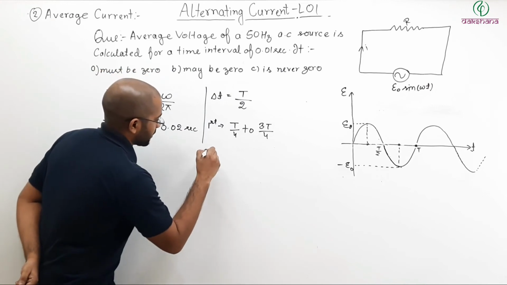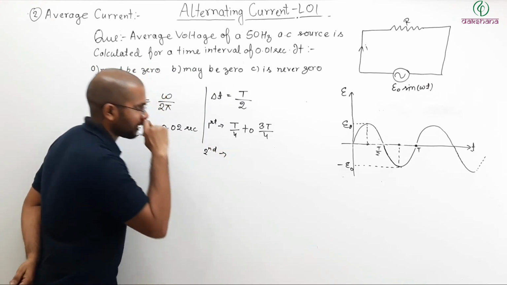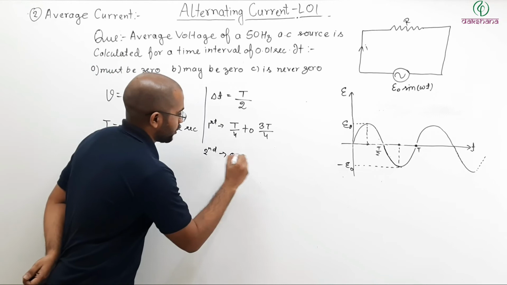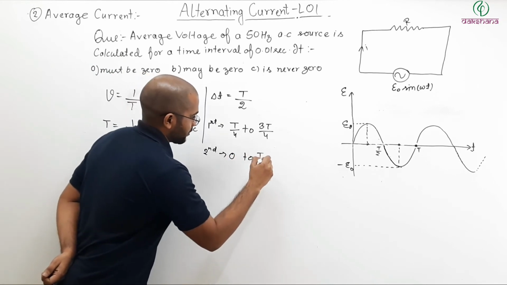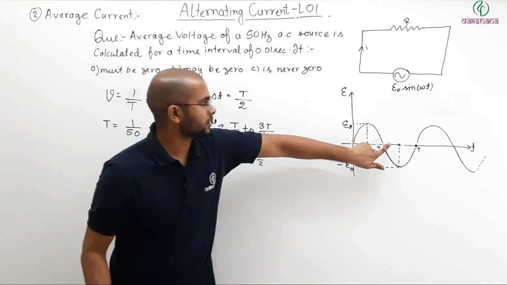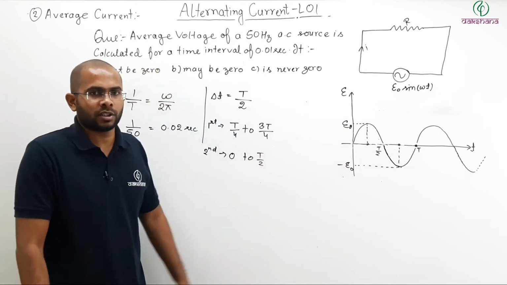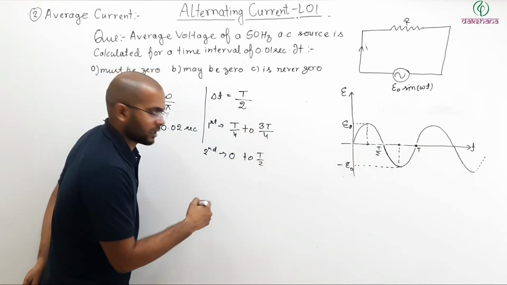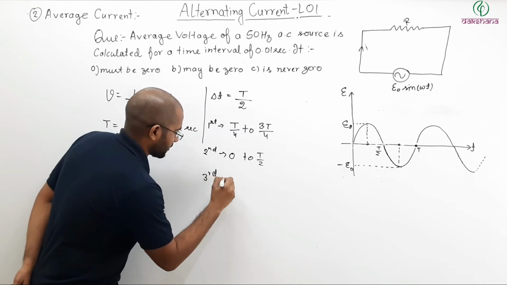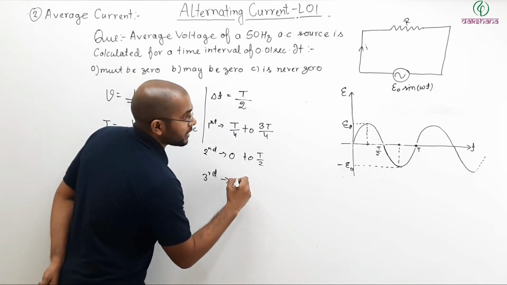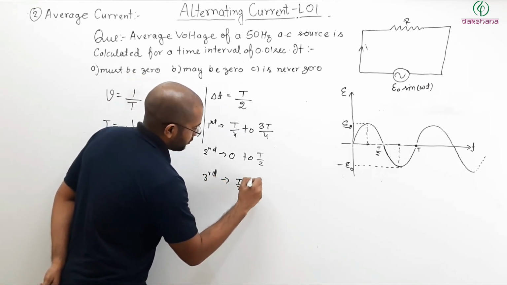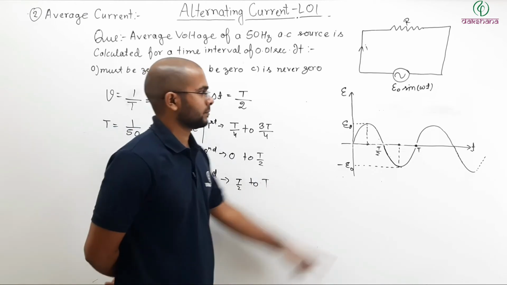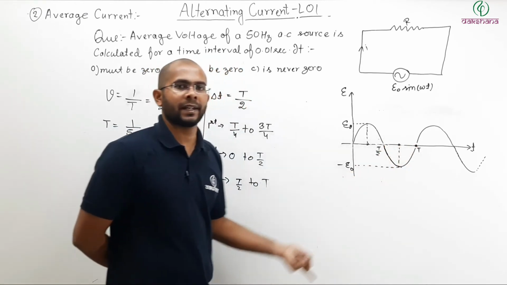Let us take another example, second case. From 0 to t by 2. From here to here, positive, not 0. Let us take another example, third example. From, let us say, t by 2 to t. From here to here, negative average.